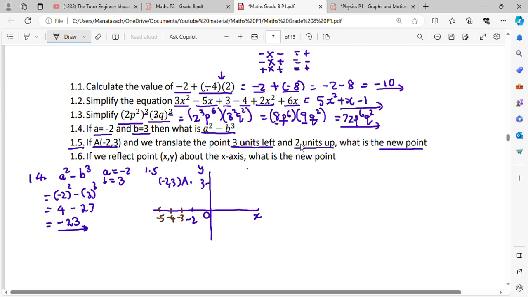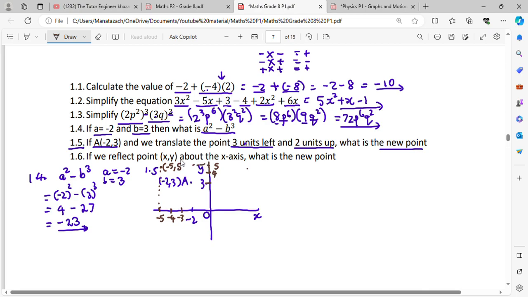And then you move the very same point 2 units up. Remember, the point is here. It's going to move 2 units up. It's going to be 1, which is a 4, 5, a 5. Then the new point will be somewhere there, right? So x here would have been -5, and then y would have been 5.